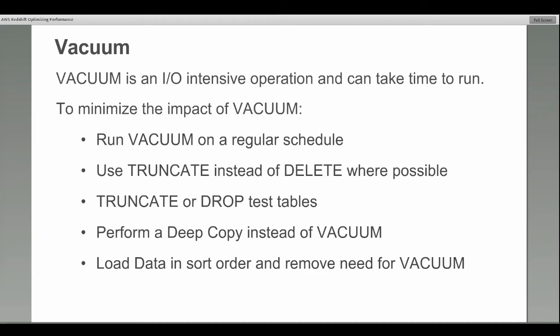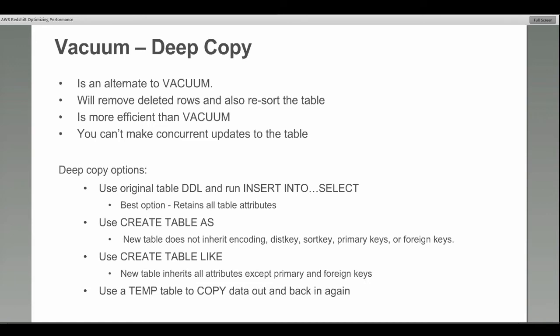There's some other options here that you can see on my screen, and the other one I want to highlight is that if you have a significantly large table, rather than vacuum, you may want to perform a deep copy because it's actually going to be faster. So let's highlight the options for a deep copy as an alternative.